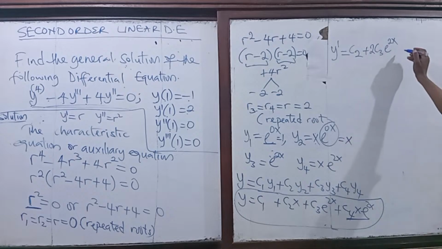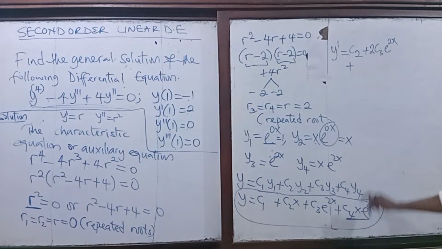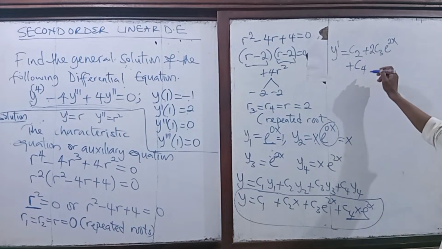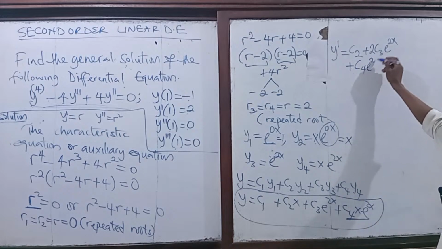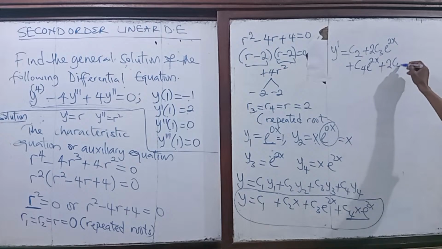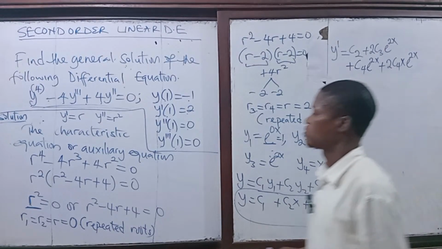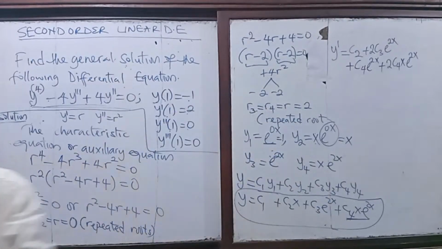That will be plus, I'm going to differentiate the x, and I have C4 e to power 2x, then plus, now keep the x constant, we're going to have 2C4 x, and then you differentiate e to power 2x. That's the first differential.